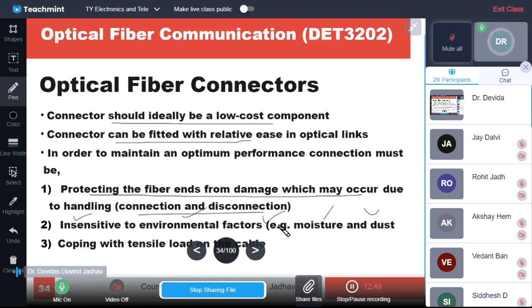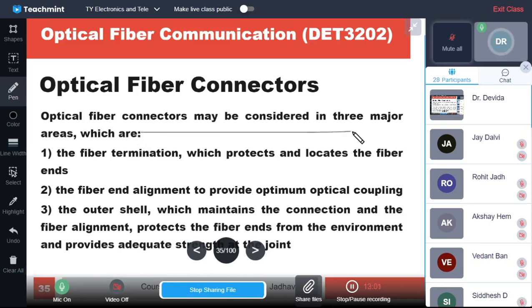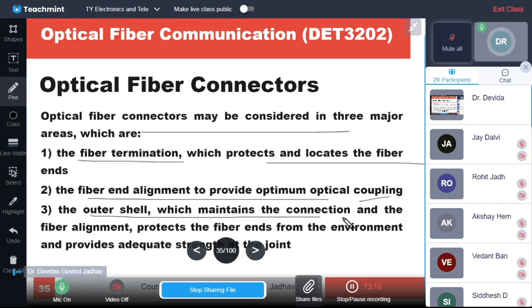So damage is to be minimized, protection should be there from moisture and dust, and connectors should cope with tensile strength. Connectors are considered in these areas: fiber termination, fiber end alignment for coupling, and an outer shell which maintains the connection and fiber alignment, protects the fiber ends from the environment, and provides adequate strength also. Wherever it is required, it is used.